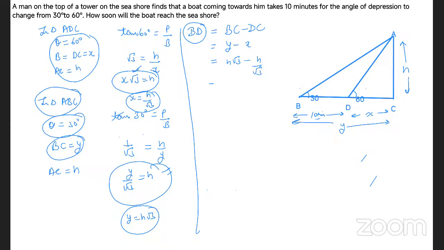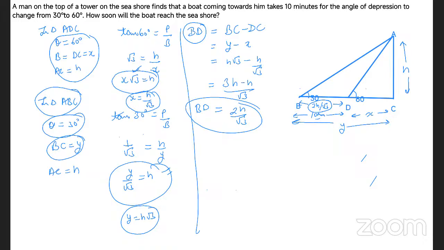If I solve it, it becomes 2H by √3. The BD distance is 2H by √3. So the distance which I got is 2H by √3.